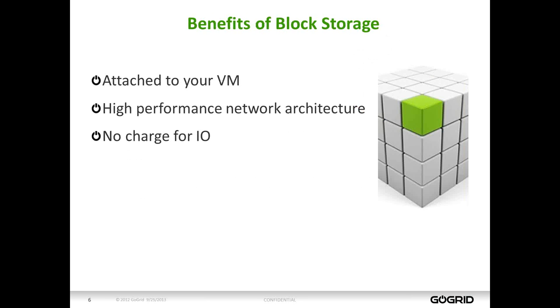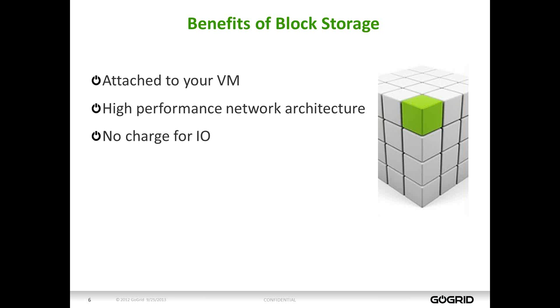And what are the benefits of the block storage, Mark? The benefit of block storage is basically that it's attached to your VM, whereas GoGrid cloud storage is basically a shared device where you're actually getting a block of storage, let's say, not to be confused with block storage, but you're actually getting an allocation of storage for your VMs.